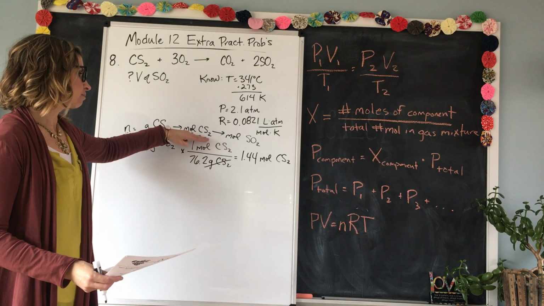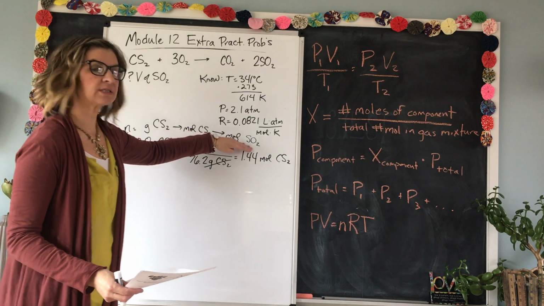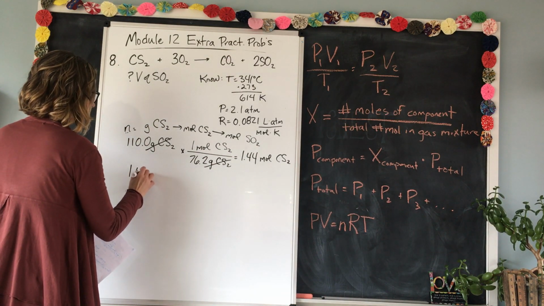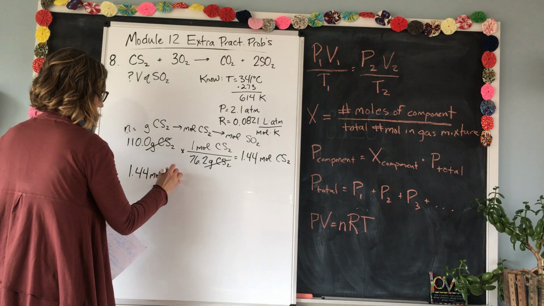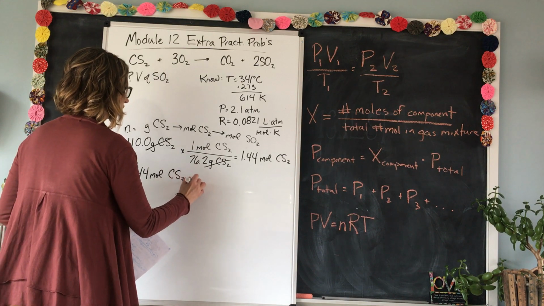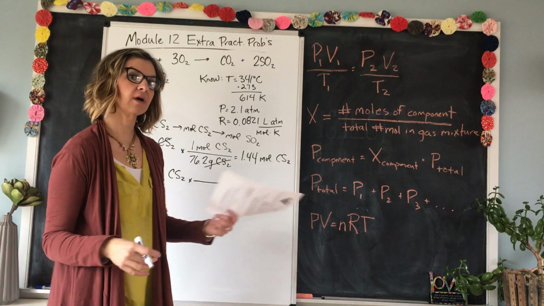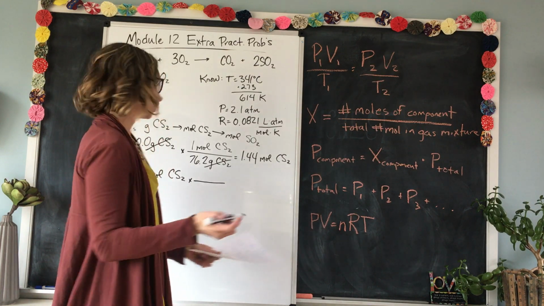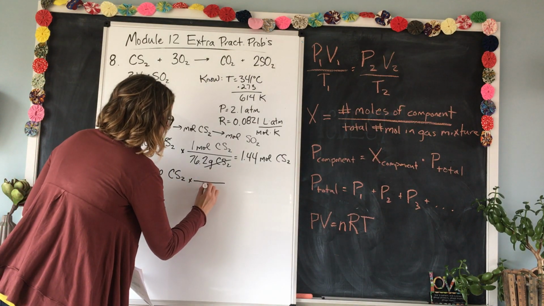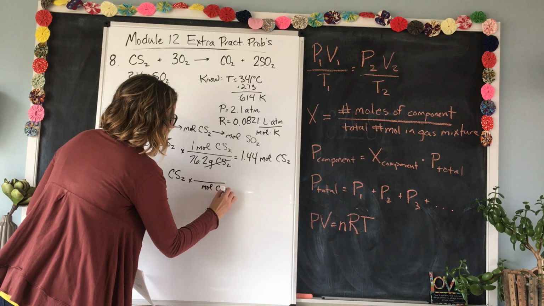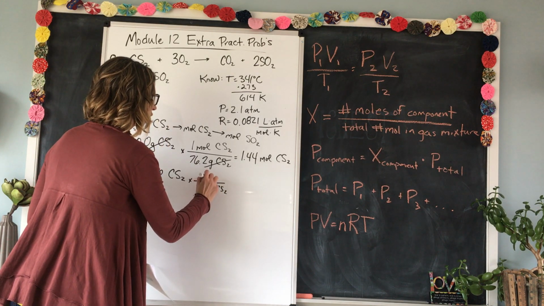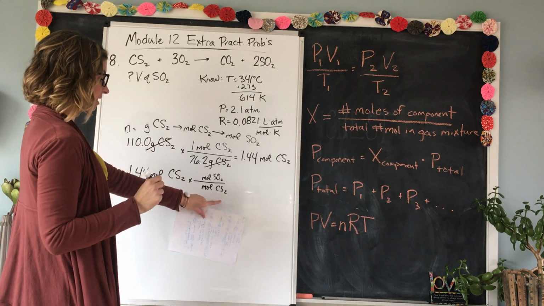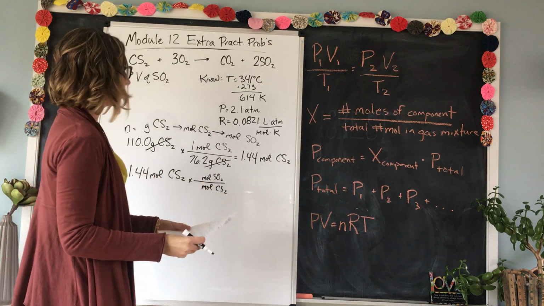Looking back at our map, we went from grams of CS2 to moles of CS2. So now we're going to start with moles of CS2 and move to moles of SO2. 1.44 moles of CS2 times the ratio of CS2 to SO2 in the equation. Moles of CS2 is going to go on the bottom, and moles of SO2 on the top.